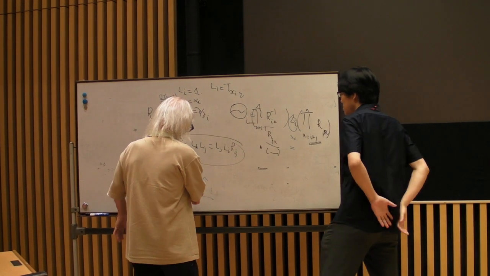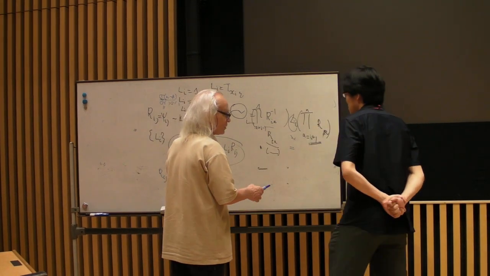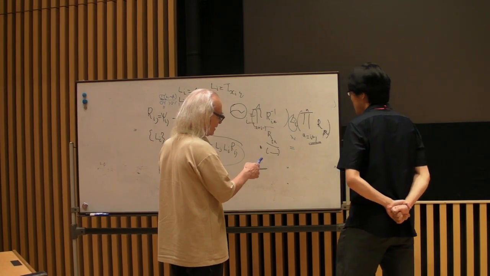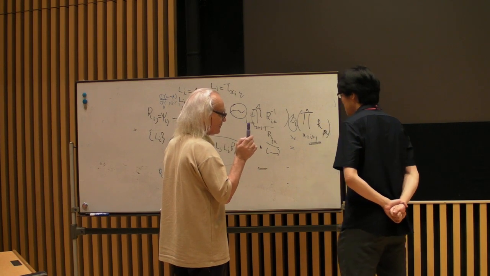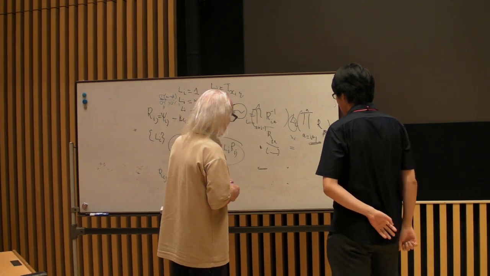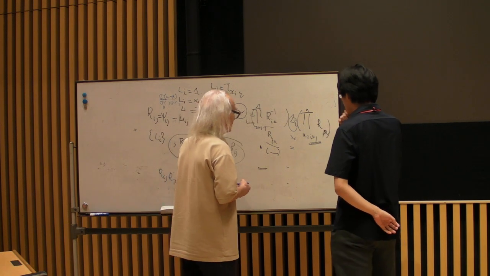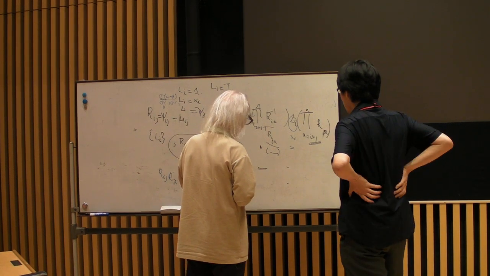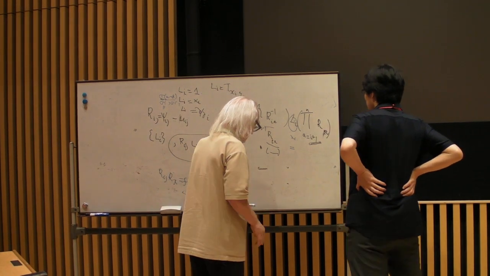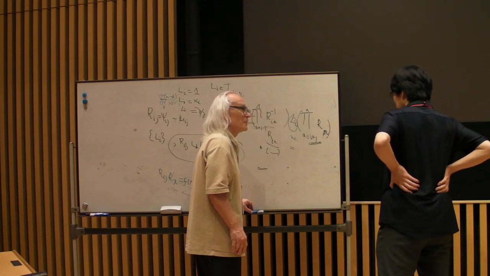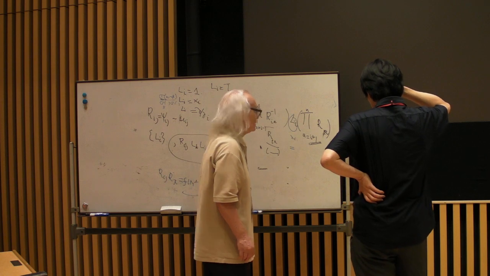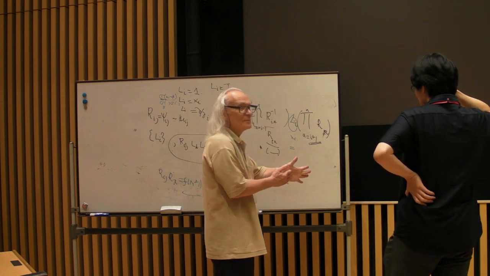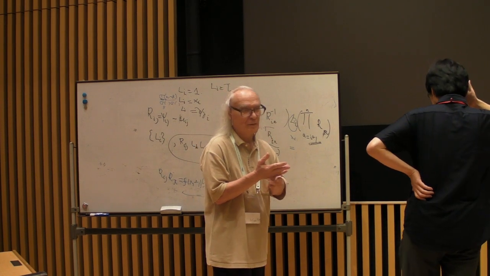You can normalize here, Lij Rji equals 1. This is a representation of elliptic rotation symmetry. So we have finished.